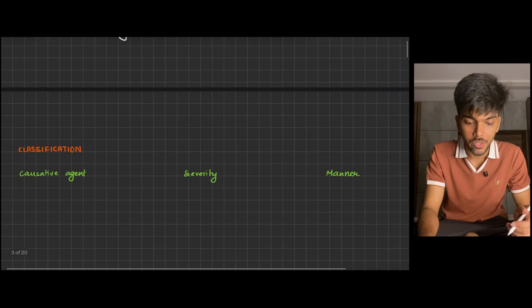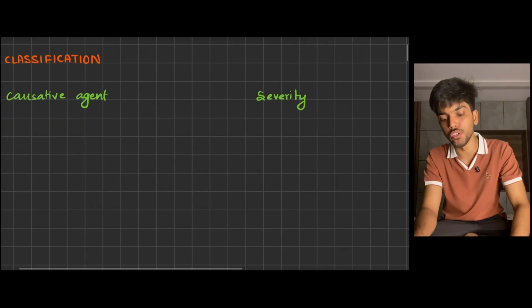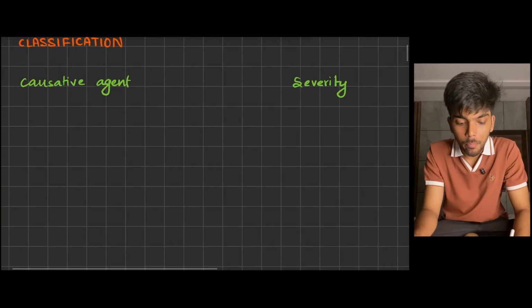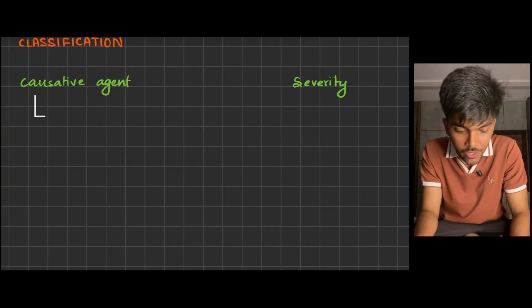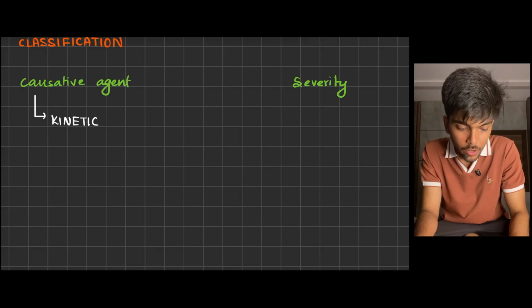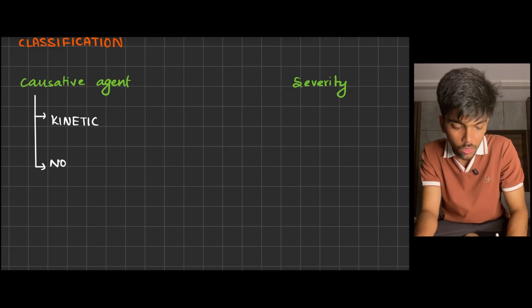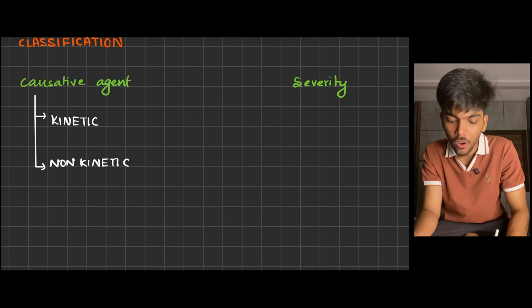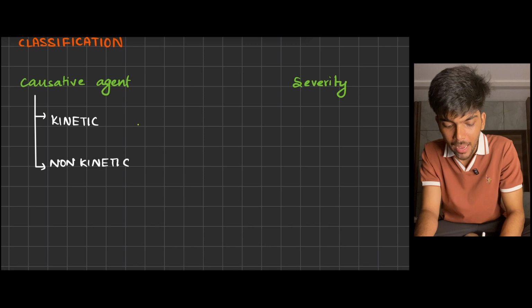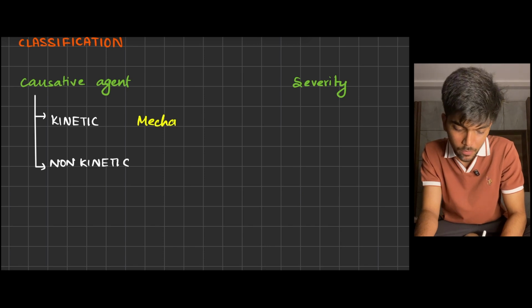So with that definition done, next, classification of injury. Number one, on the basis of causative agent, injury can either be kinetic or non-kinetic. Under kinetic injury, you have all the mechanical injuries.